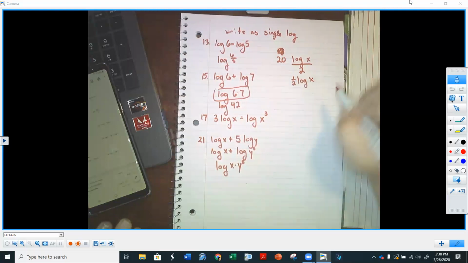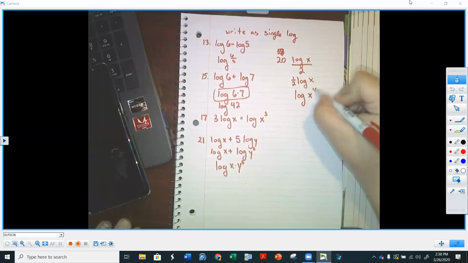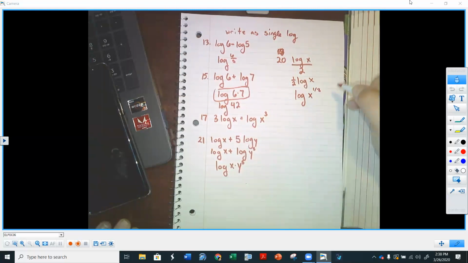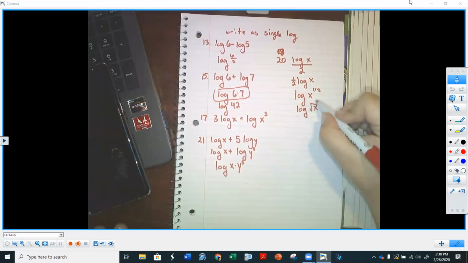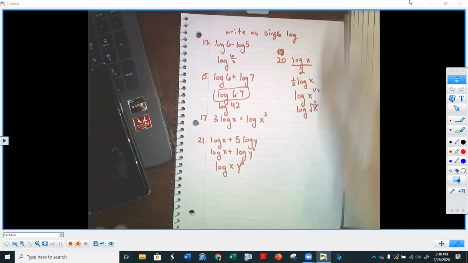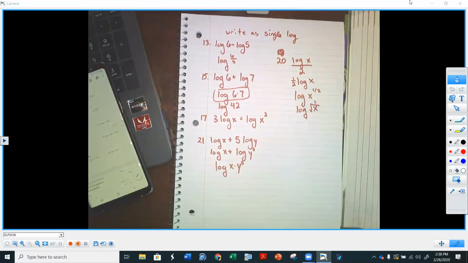This 1/2 is going to go to my power of x. I'm going to have log x to the 1/2. I would be mostly okay with this. If you wanted to take it one step further, we could remember that a half is the same as a square root. So you could also write it like log square root of x. So these are both equal right here. All 4 of these are equal, actually, but those are good. That would be a good step to take and recognize that it's there.